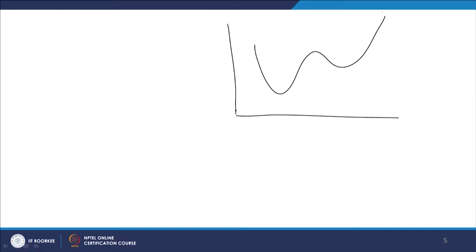Okay. And now, let us see how exactly we can also interpret in a graphical way. It is called a common tangent construction that can really help us talk about phase equilibrium in a way that we can intuitively feel from a graph. So, let us say that the function has certain form like this.